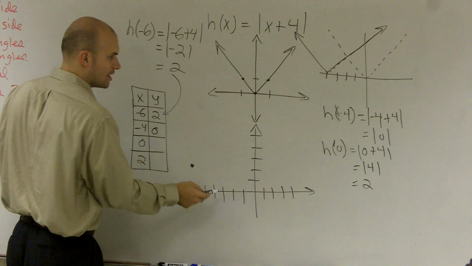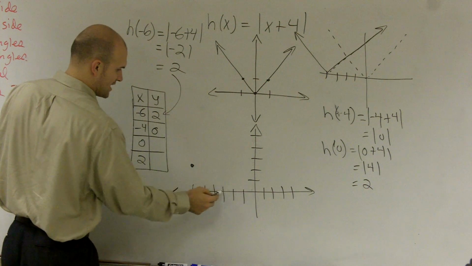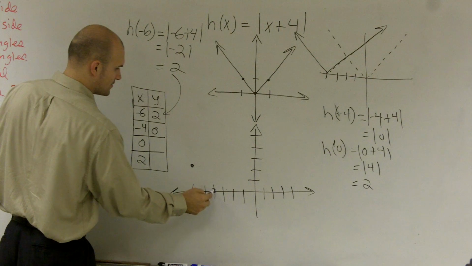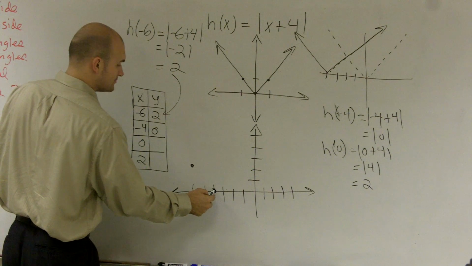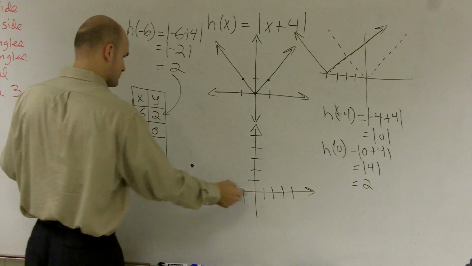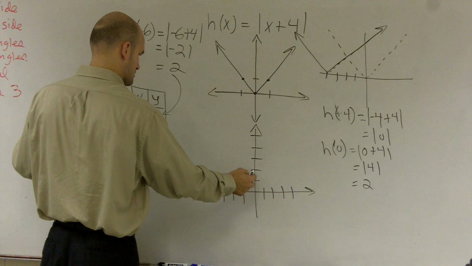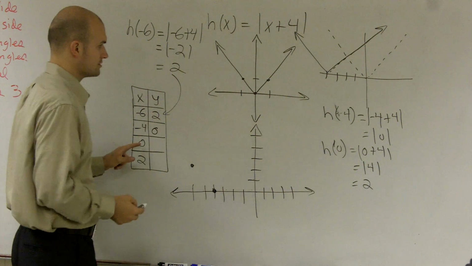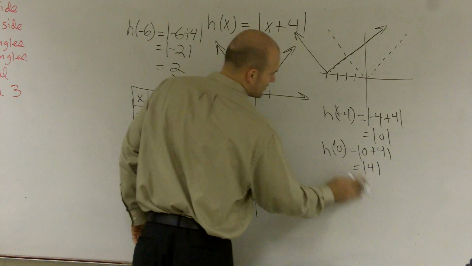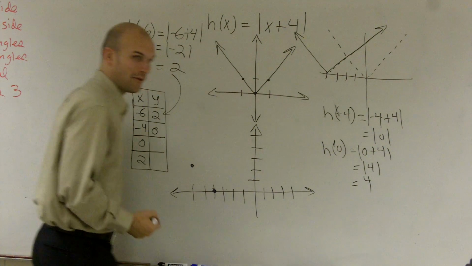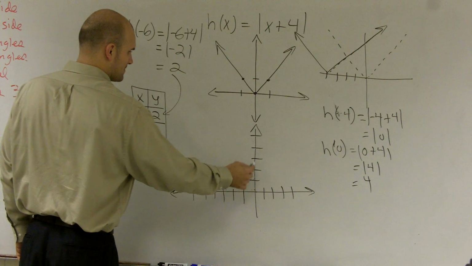I'm sorry, I forgot to plot negative 4, 0. So negative 4, 1, 2, 3, 4, 0. Then h of 0 is the absolute value of 4, which is 4. So I go to 0, 4.